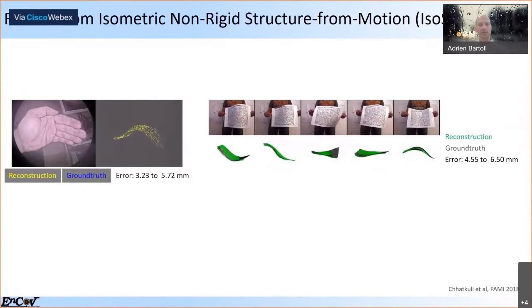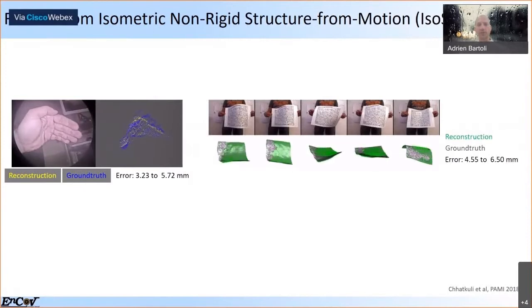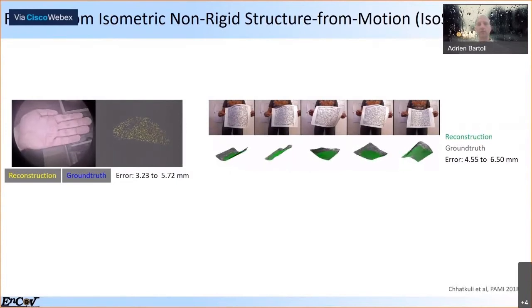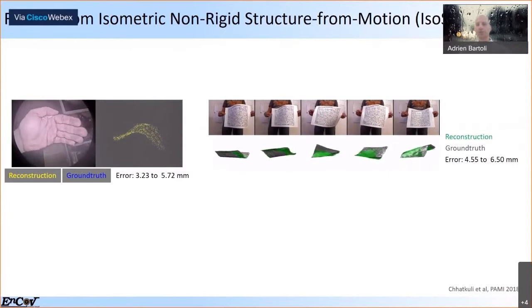And another result just for 5 frames here. So this was shot by another research group from CV Lab, with the Kinect, so we had access for this data to some ground truth, and we could measure the error of non-rigid structure from motion here, which was quite reasonable, being lower than a centimeter.